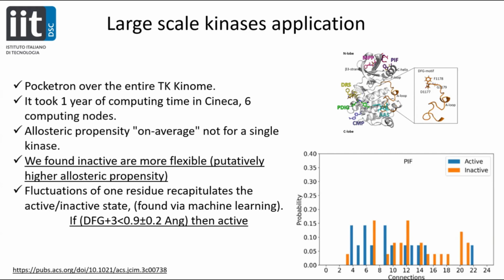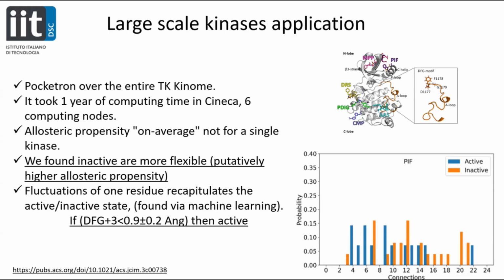One of the aims, the main aim actually, was to compare active with inactive pockets and see what the difference was, and to check if by hypothesis testing we could see different communication patterns which are on average true.